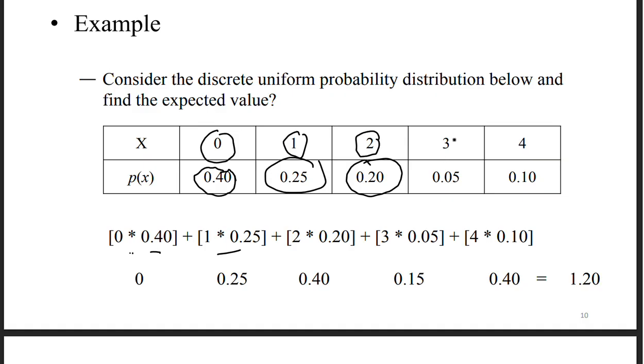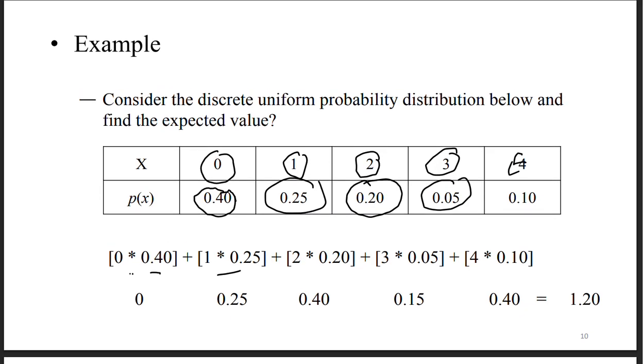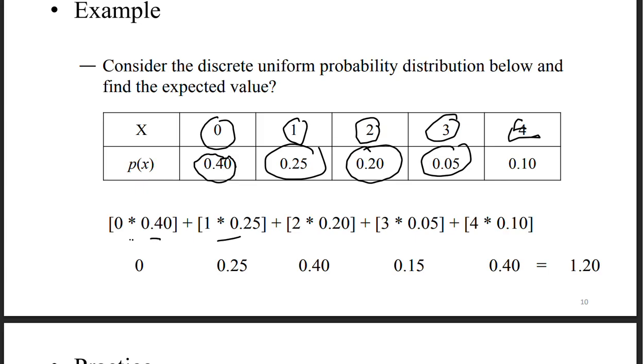And so we are going to do the same for all values of x and their probability values. And that is how we calculate the expected value for a discrete uniform probability distribution.